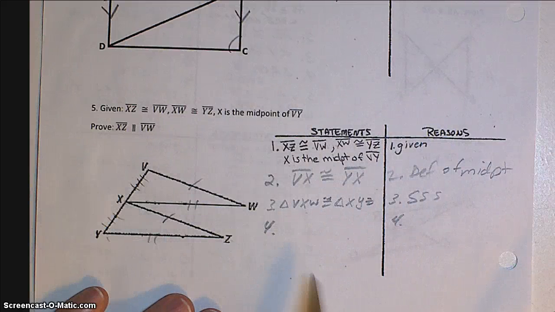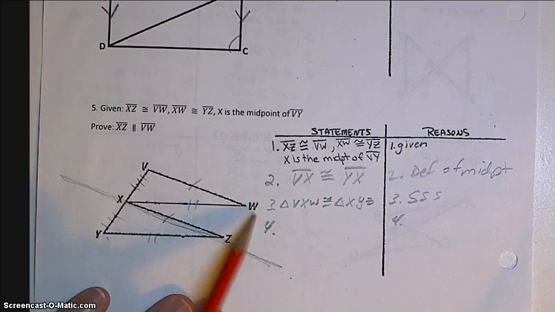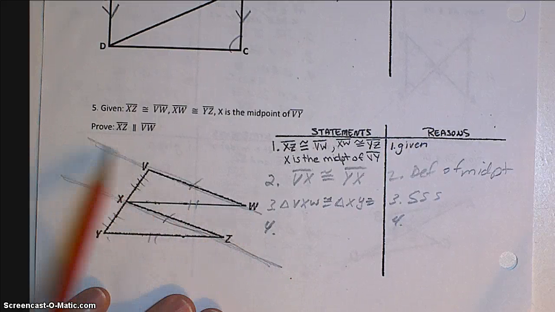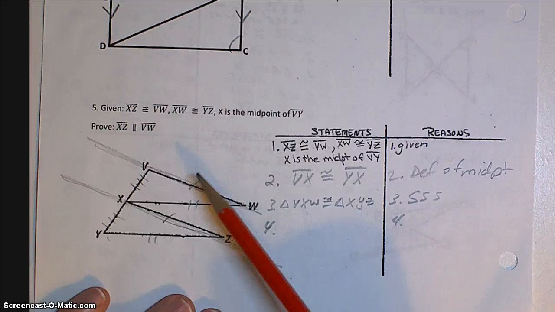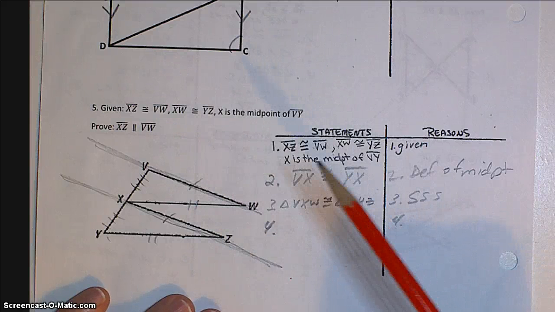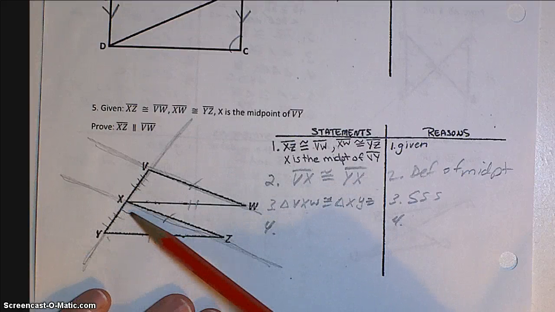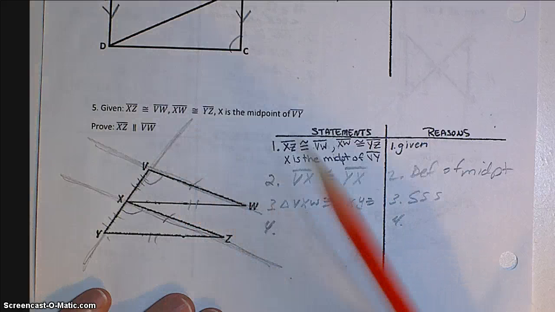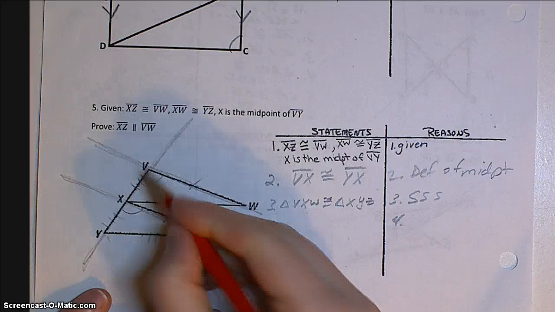Now, which sides am I trying to show are parallel? XZ and VW. There's only one line that really cuts through both and gives us information about both the triangles. That would be this one here. So notice these angles are formed by the parallel lines and that one transversal. It also has corresponding angles.